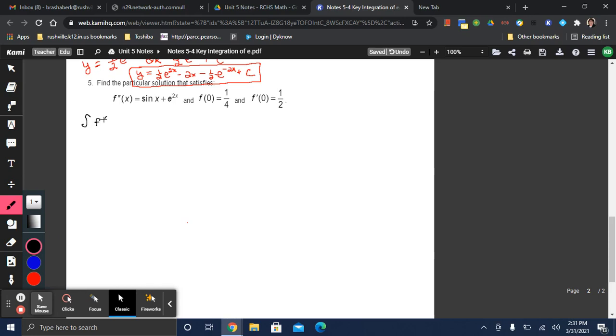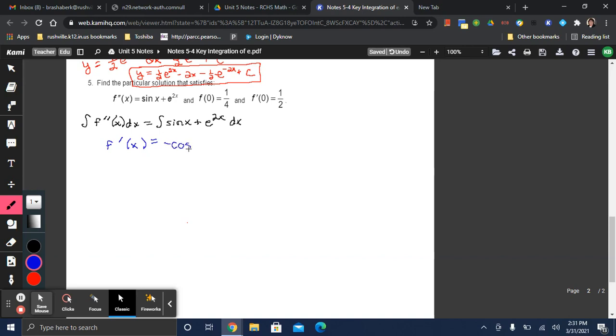The antiderivative of f double prime of x would equal the antiderivative of sine of x plus e to the 2x dx. So the antiderivative of f double prime is f prime of x. The antiderivative of the sine of x is the negative cosine of x.